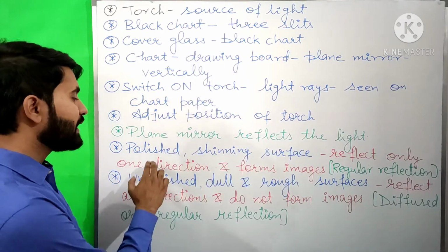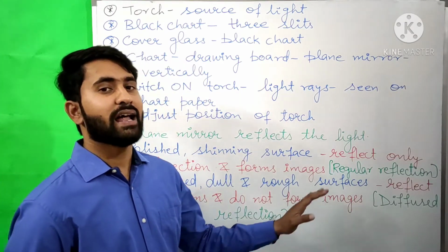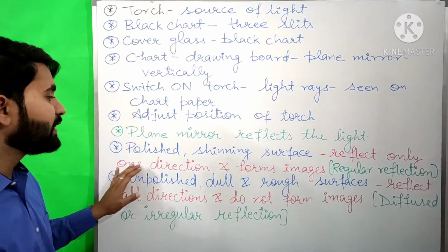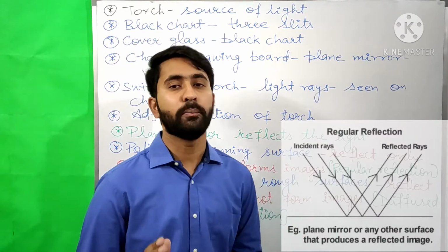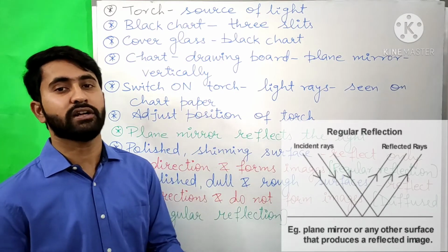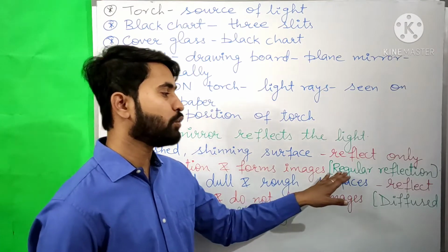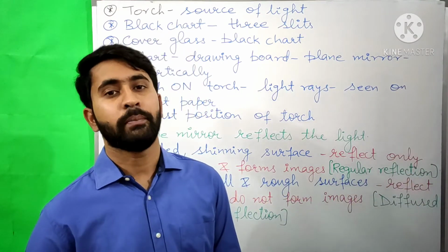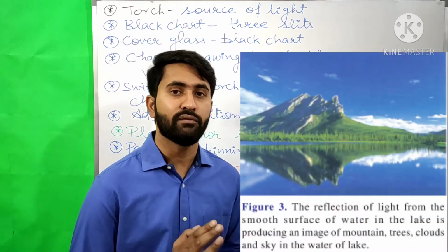The polished and shining surfaces reflect the light that is falling on them only in one direction, and they form the images of the object that is kept in front of them. This type of reflection is known as regular reflection, like the reflection from a mirror, metal spoon, metal plate and still water.